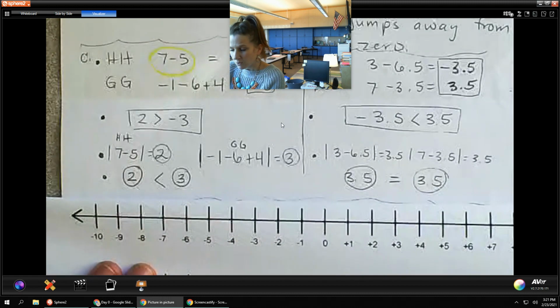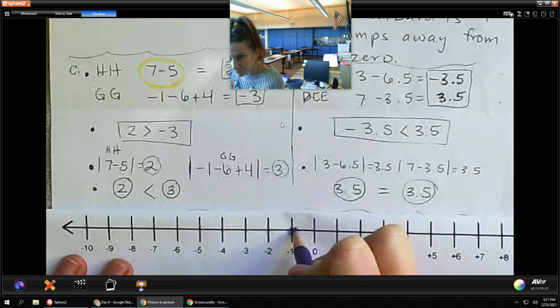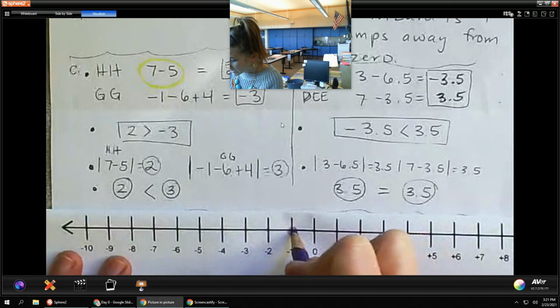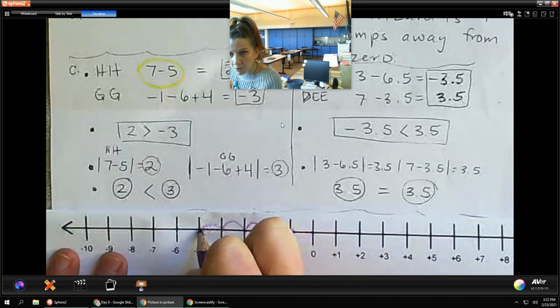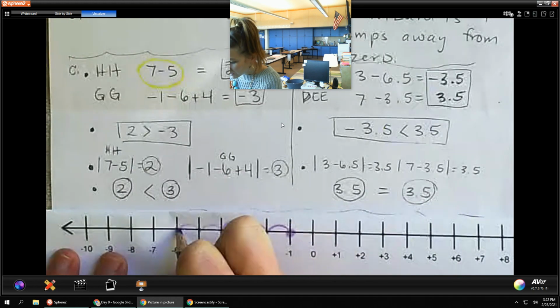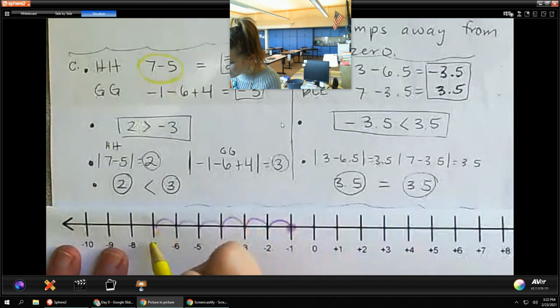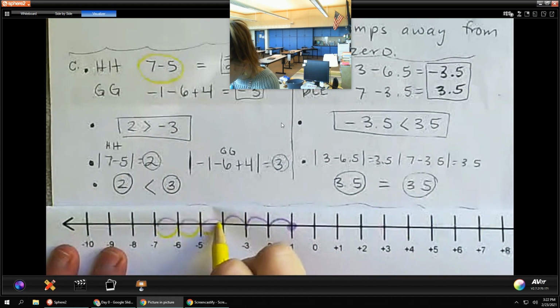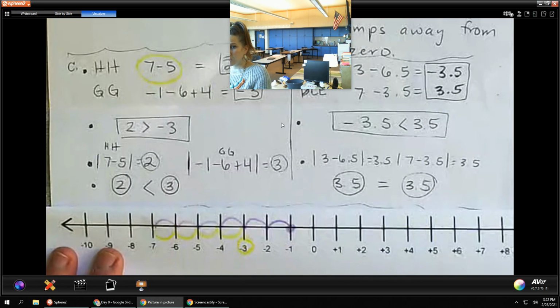So started at -1, took away 6, 1, 2, 3, 4, 5, 6, and then added a positive 4. So then you go backwards, 1, 2, 3, 4, to leave me at -3. So that's how you might use that number line. You can always draw one. You can find one online.